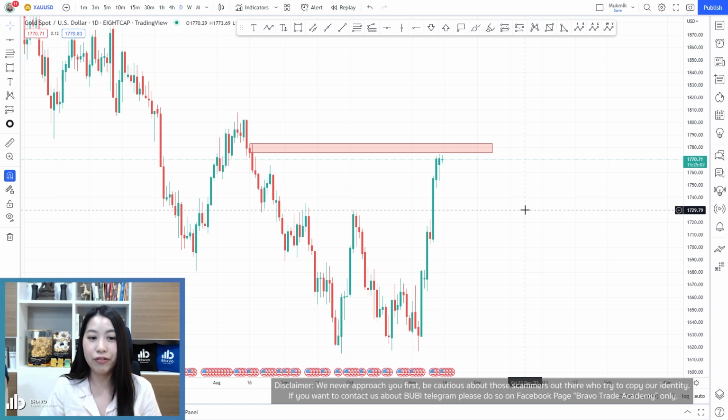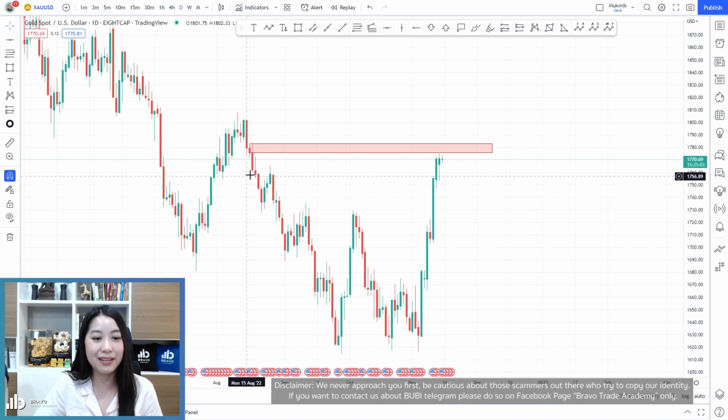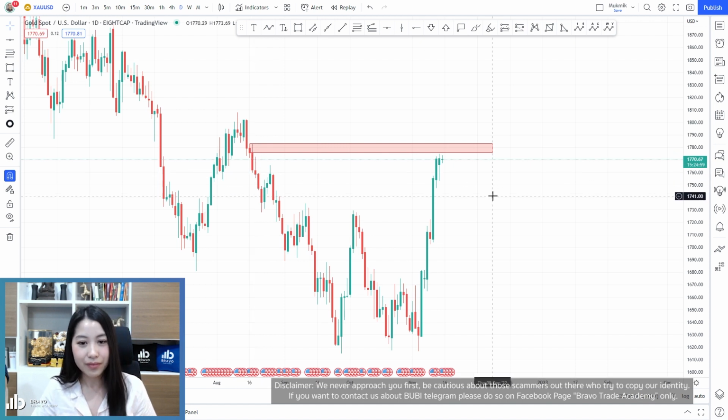It is very fresh with a lot of selling power there. You can tell from this imbalance here. However, it is bullish, yes, but it has kind of a reversal pattern as well.